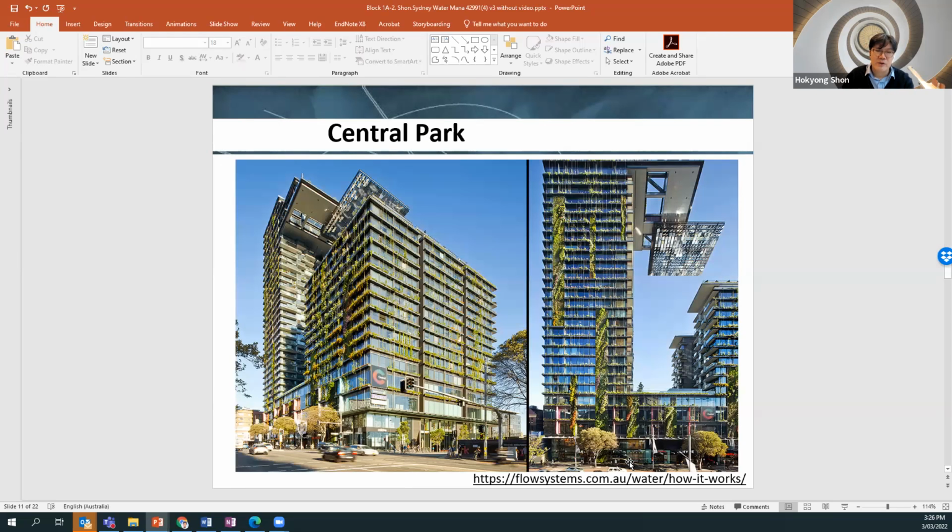Central Park. Everybody is familiar with Central Park, just in front of our university. There is one recycling plant underground, and all their black water, gray water, all the water sources go to the wastewater reuse plant, and they treat 1,000 cubic meters per day.